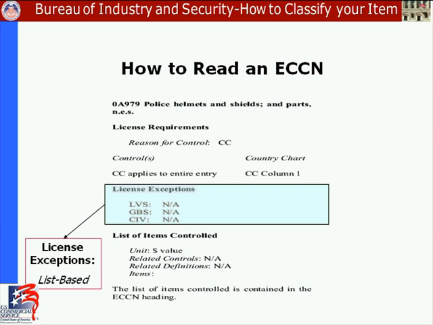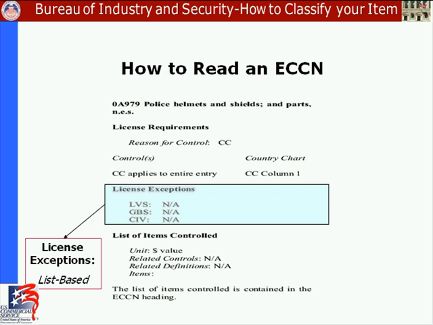And in here, we only list the license exceptions related to this ECCN number. That's why we call these three license exceptions, LVS, GBS, GOV, list-based license exceptions, because they are based on the ECCN number inside the Commerce Control List.